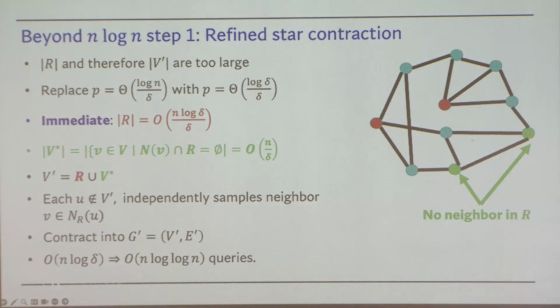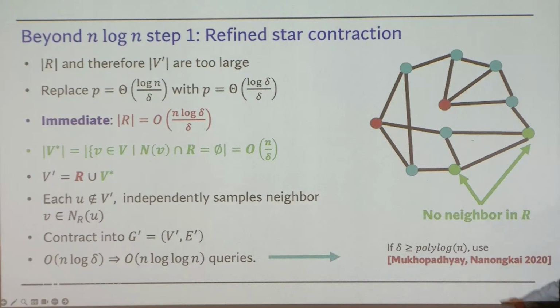Now, it really makes sense when delta is at most polylog n, because if delta is really large, n over delta itself becomes really small, so you can do it in order n. So if delta is more than polylog n, you can use some other subroutine to get it down to order n. So the only regime that is really interesting is delta at most polylog n. So you get n log n queries.